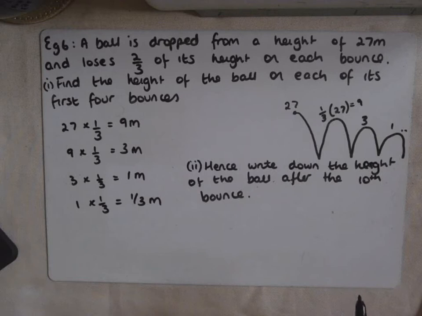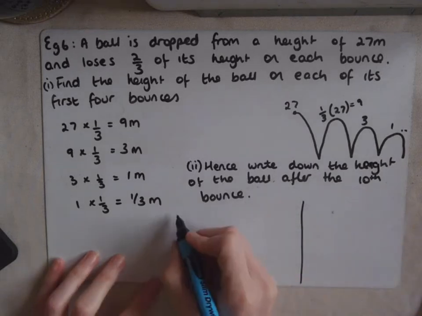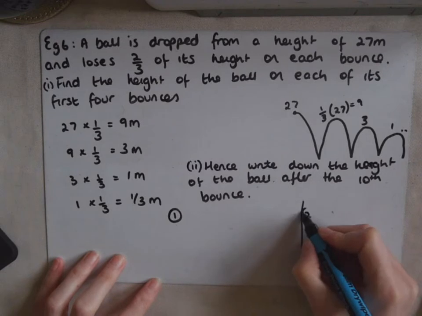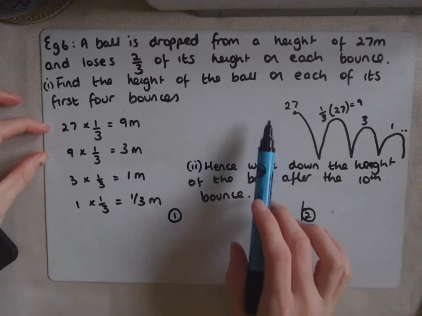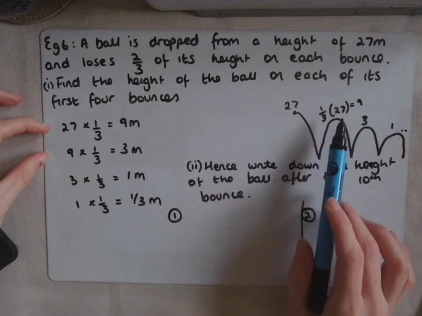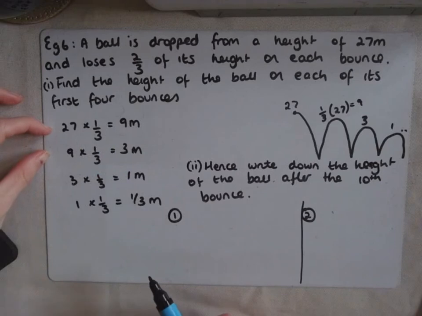Now, I'm going to do this 2 ways, and you can decide which way you want to do it. If we're going to keep doing it this way, I started with 27 and I got a third of it for the first bounce. So it was by a third to the power of 1 for the first bounce.